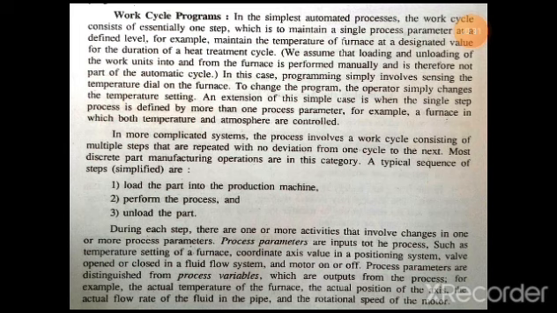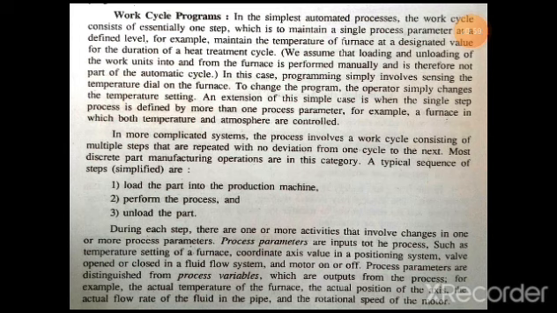An extension of this simple case is when the single step process is defined by more than one process parameter. For example, a furnace in which both temperature and atmosphere are controlled. So we have taken this as an example of a one work cycle program, meaning one cycle of program. We want to change the temperature of the furnace, which was previously set as per the programming instructions.